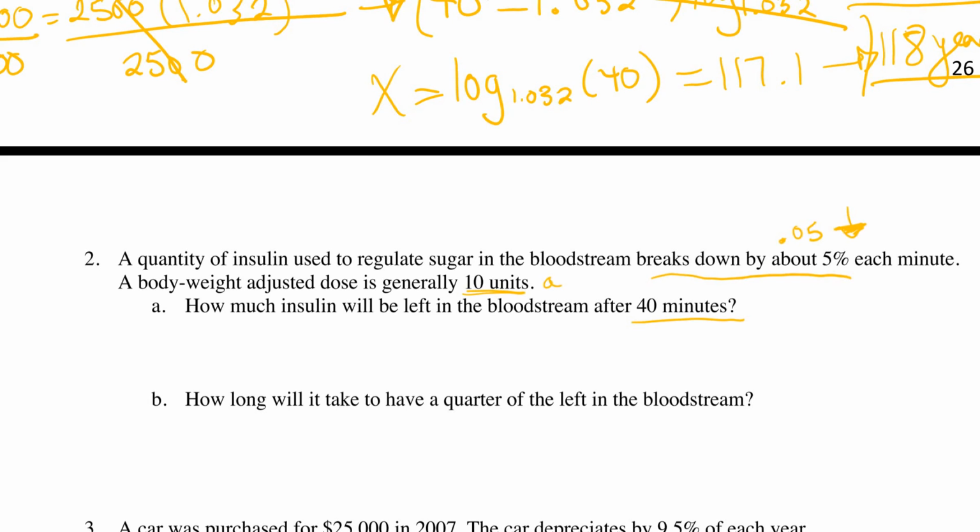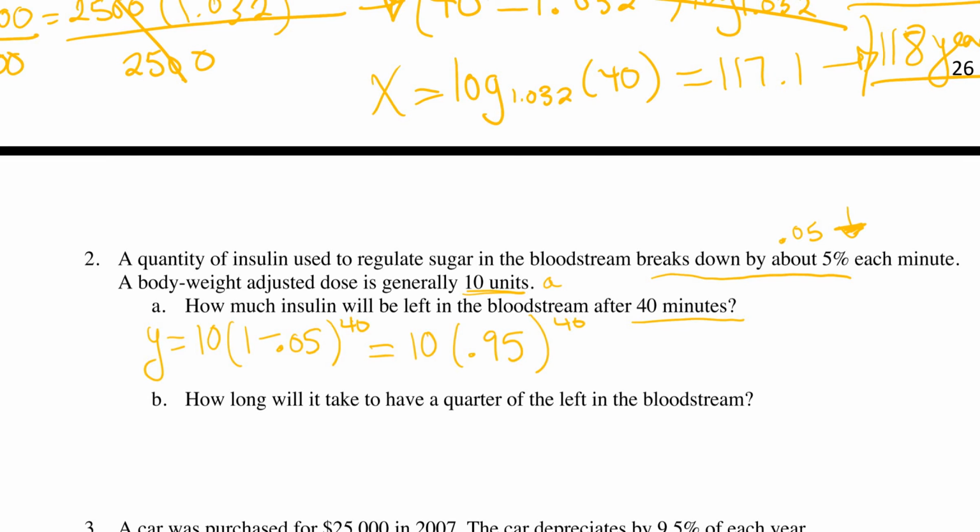Now you have y equals your initial value, A, times 1 minus 0.05, because we're decreasing, it's breaking down, to the power of 40, right? Because this rate happens 5% each minute, we want to see how much you'll have left after 40 minutes. So essentially what you're doing is 10 times 0.95 to the power of 40.